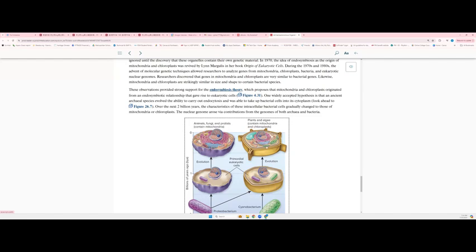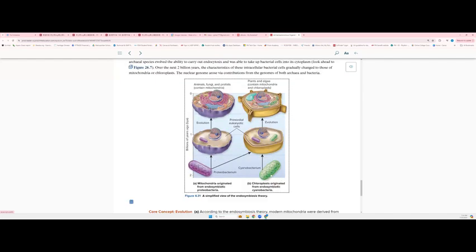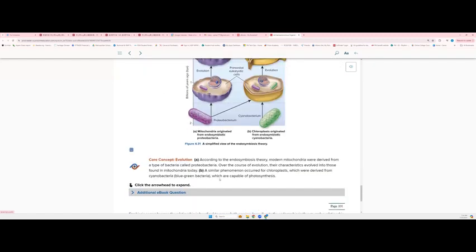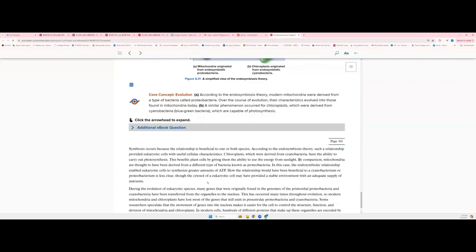So the genomes which exist in the chloroplast came from the genomes of cyanobacteria. So that's the series.